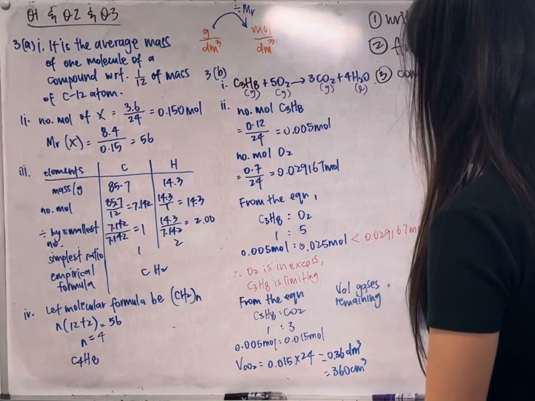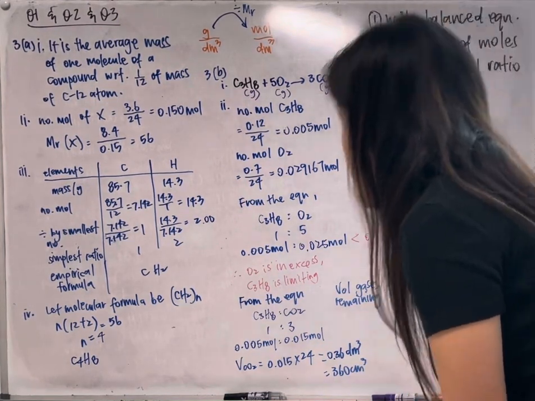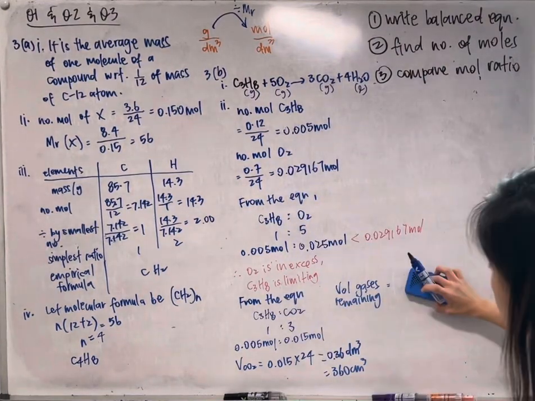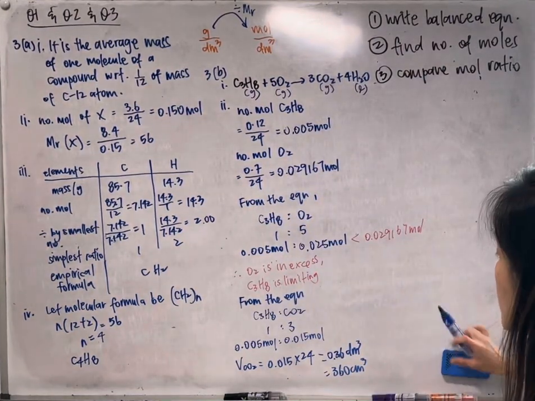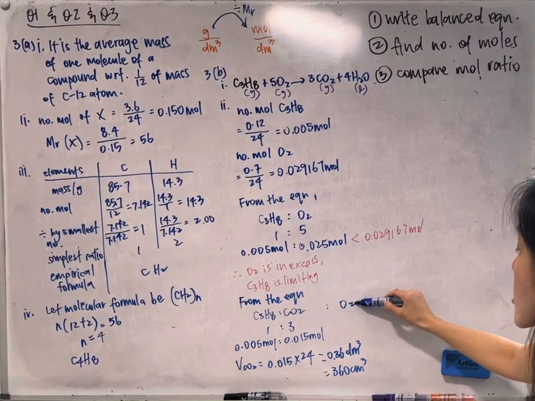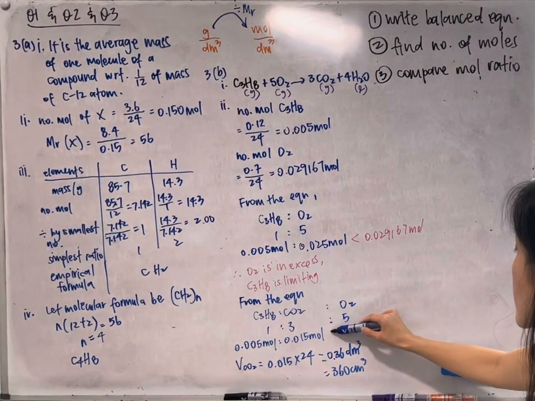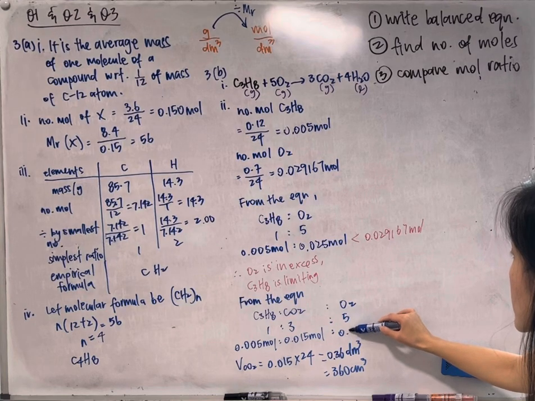I need to find out what's the volume of oxygen that we have. You know what? Let's do this. Oxygen is 5. So we need to find out how much it reacted. 0.025.